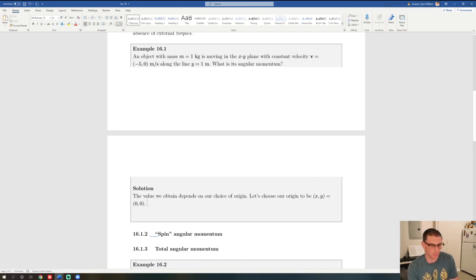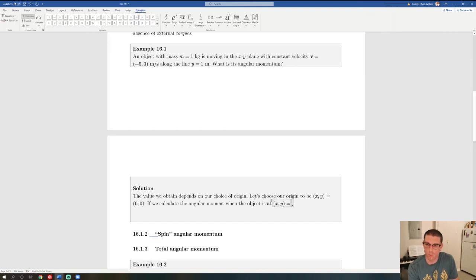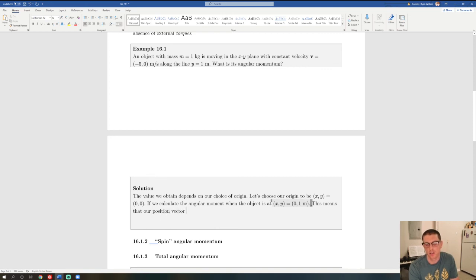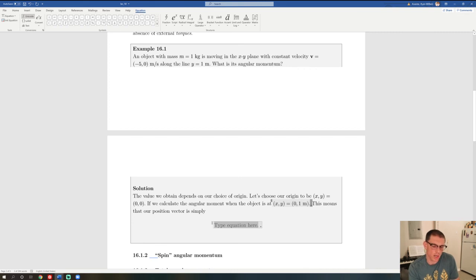If we calculate the angular momentum when the object is at x is 0, y is 1 meter, this means that our position vector, remember we're doing this about the origin, to the point 0, 1, is simply 0, 1 meter.